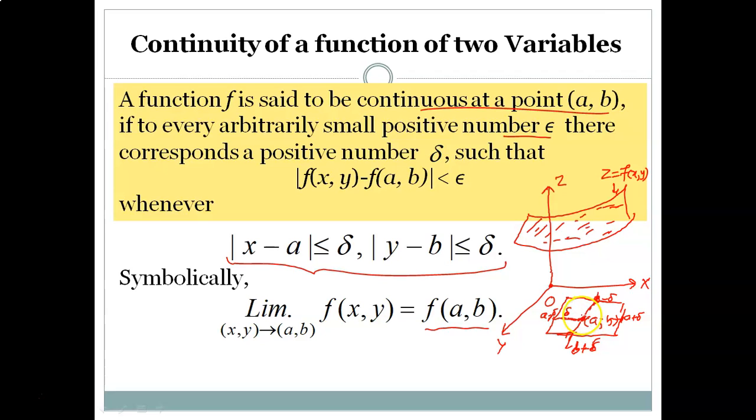What is the meaning of this? Okay, suppose you are extending this upward and corresponding to this you get a certain point here. This is the x coordinate, y coordinate, and when you put the values of x and y in the function you will get the z coordinate. And you can also represent it as f(a, b), meaning this is the value of f(a, b) in this case.